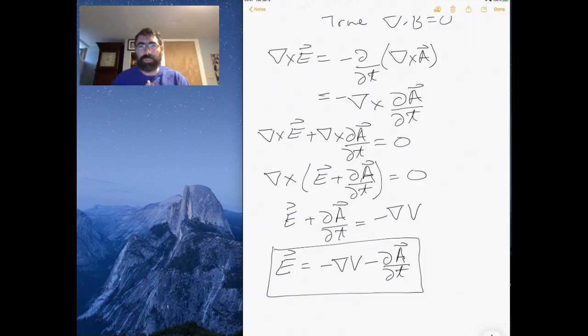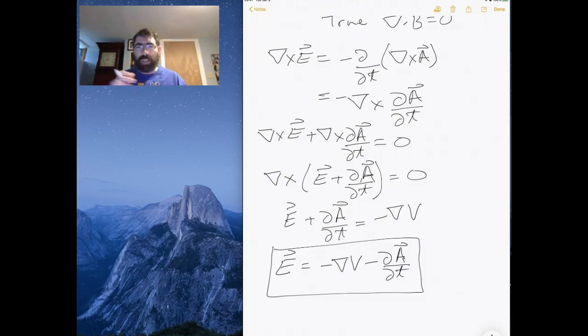The electric field was just the gradient of the electric potential. But now that we're allowing time derivatives into the problem, the electric field is a mixture of an electric potential and a magnetic potential. So this is, like I said, a more general result.